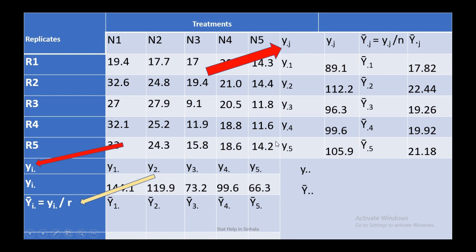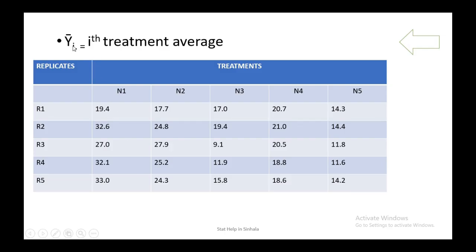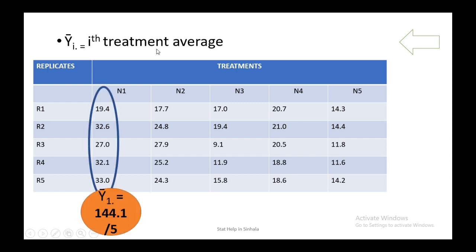Then the next part is Yi dot bar. Yi dot bar means the average of the ith treatment. For example, Y1 dot bar means the average of the observations under the N1 treatment. We take the summation of these observations, and that summation should be divided by the number of replicates under that treatment.